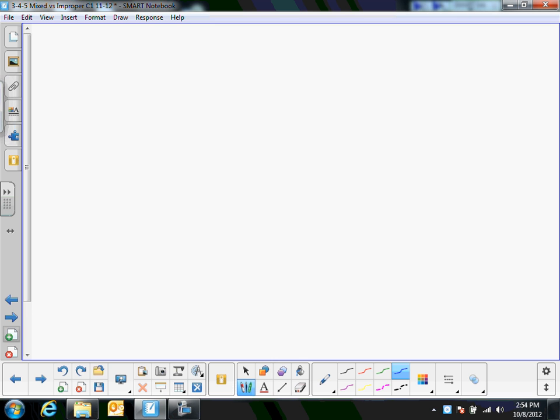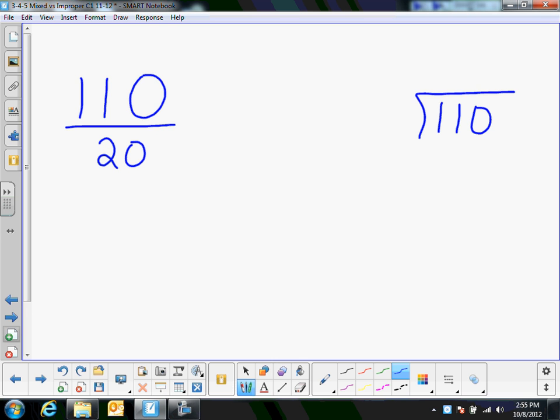For example, I'll do 110 20ths, let's say. So here's a big example. You can pause it and try it yourself if you like. But first start by dividing. 110 divided by 20.